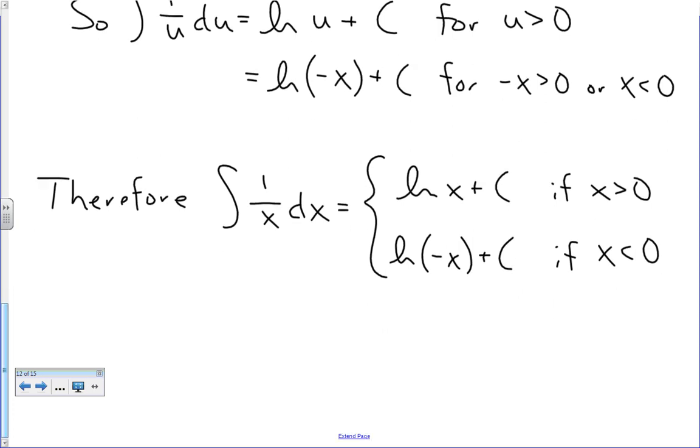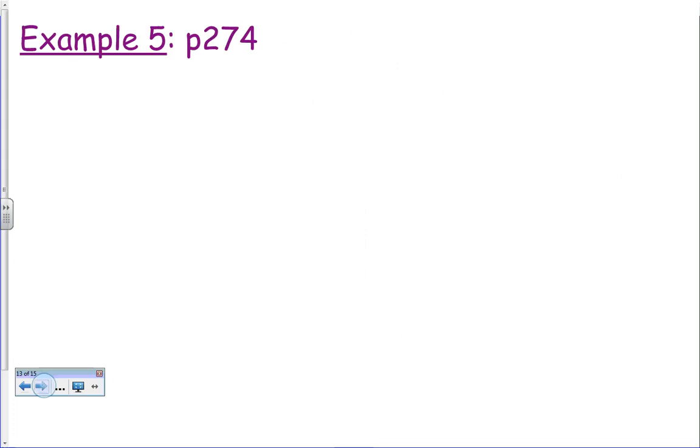It would be nice if I could somehow combine that into a single quantity, and oh yeah, that's what our absolute value function is. The ln of the absolute value of x plus c is equivalent to that. So in fact, the integral of our reciprocal function is not just the ln of x, but rather it's the ln of the absolute value of x plus c. All right. There is the proof of that.